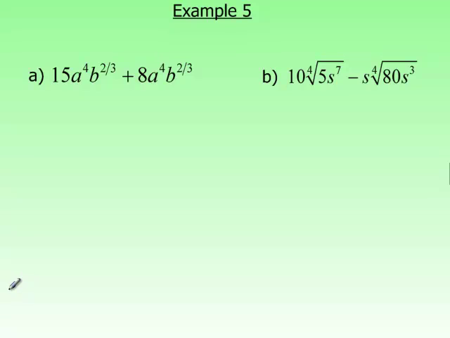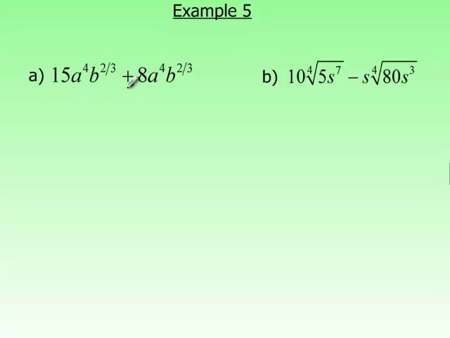Okay, so the last couple, we're just going to be doing some basic addition and subtraction using rational exponents and roots. We'll start with this, and the key is that you can only add and subtract if the variables and exponents are the same.